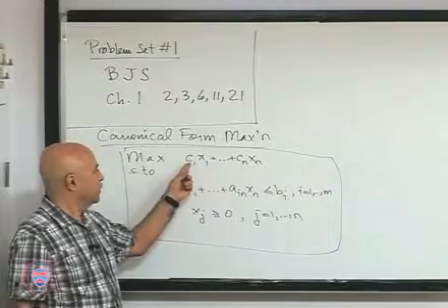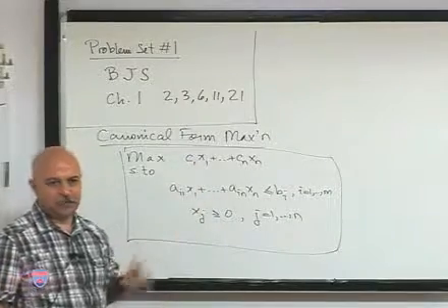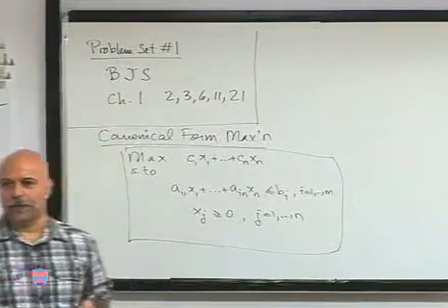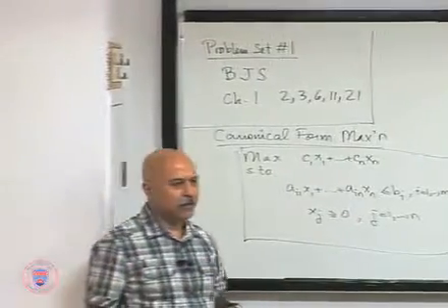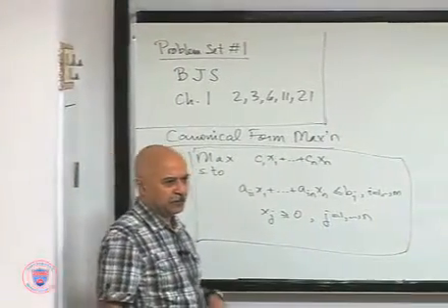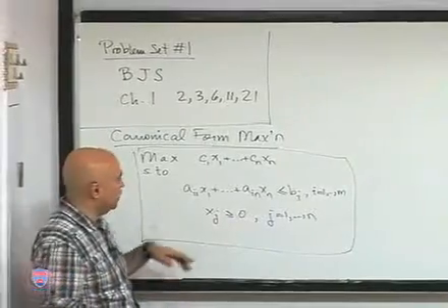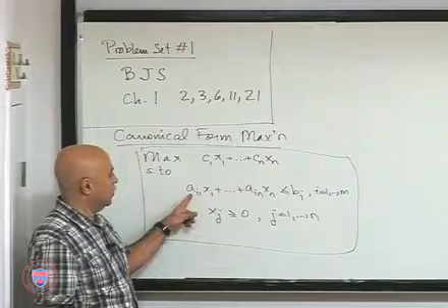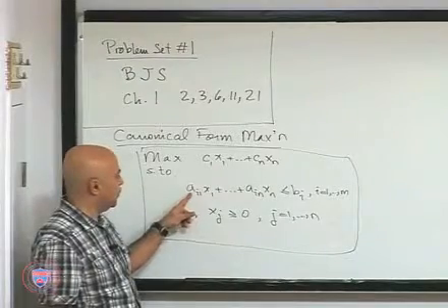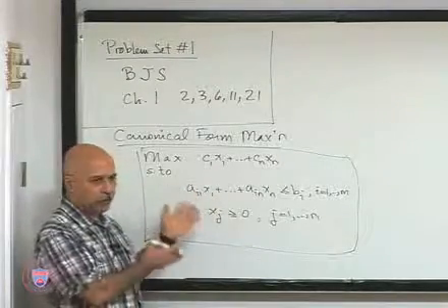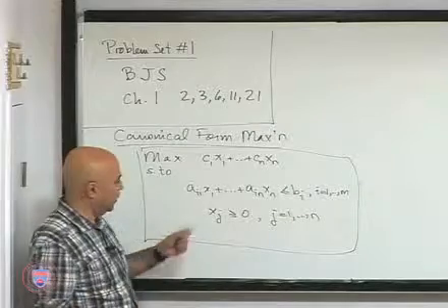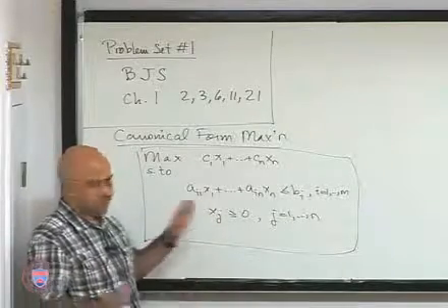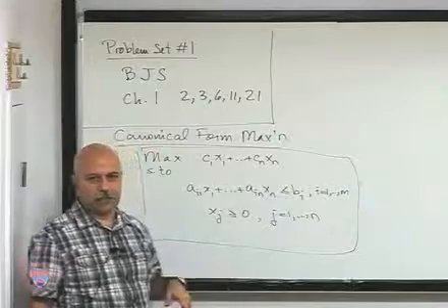I refer to these cj's as objective function coefficients, but many people refer to them as cost coefficients, even though they may have nothing to do with actual costs in real-world settings. So the cost coefficients, c1 through cn, the technological or left-hand side coefficients aij, i going from 1 to m, j going from 1 to n, and also the right-hand side bi's. Okay.